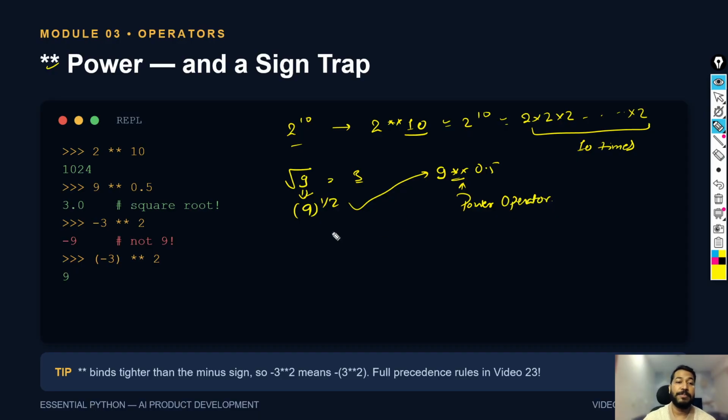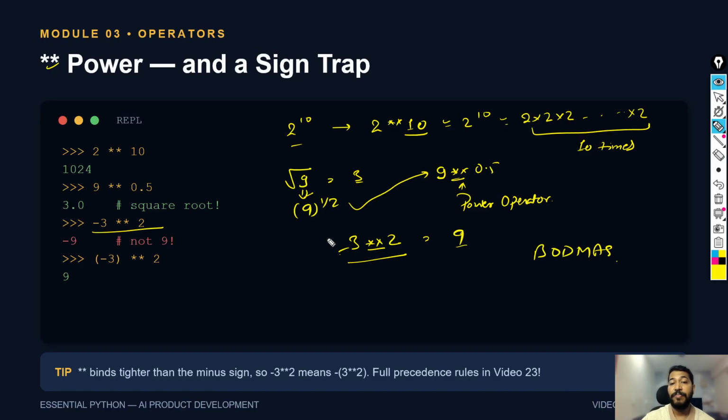I hope this concept is pretty much clear. What about the case of -3 power 2? Generally it gives the impression of 3 to the power of 2, so we multiply 3 by itself 2 times and it should give 9 as an output. But that is not the case, because the power operator gets more precedence, just like the BODMAS rule: bracket, then of, then division, multiplication, addition, subtraction.